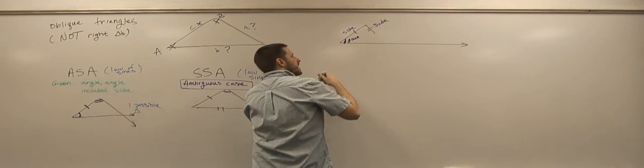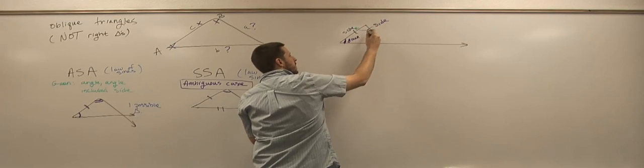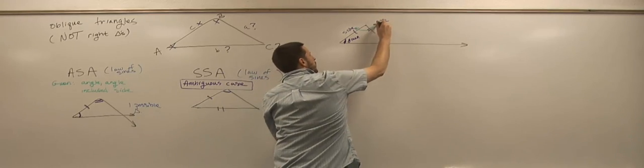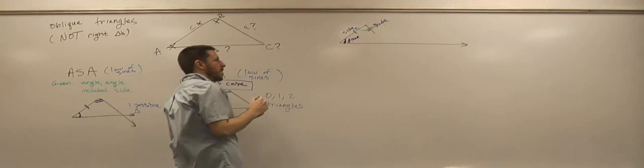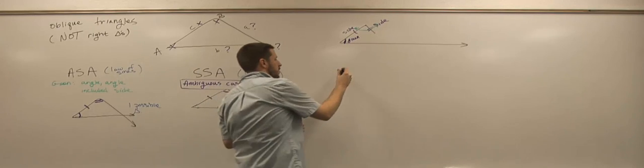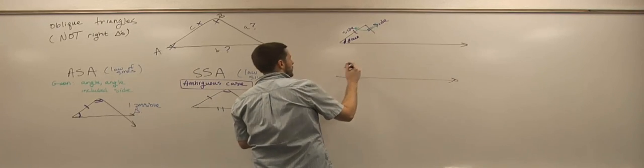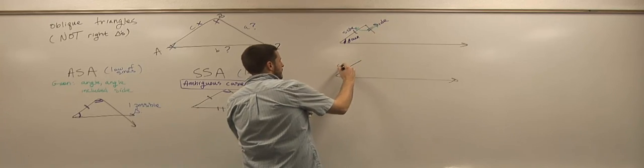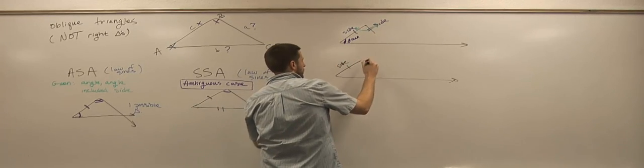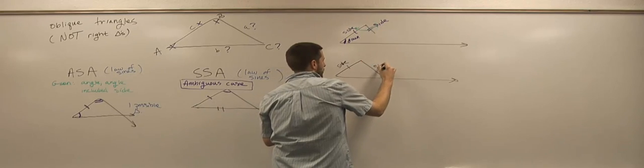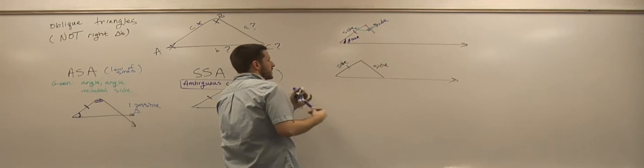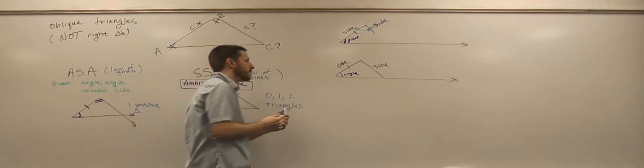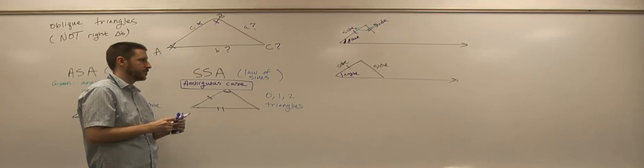No matter how I rotate this, no matter what my angle is here, no matter where I put this side length, if I rotate it up here or over here, I will never intersect the bottom side. Whereas if I draw it like this, side, side, this angle here, then I can form one triangle exactly.